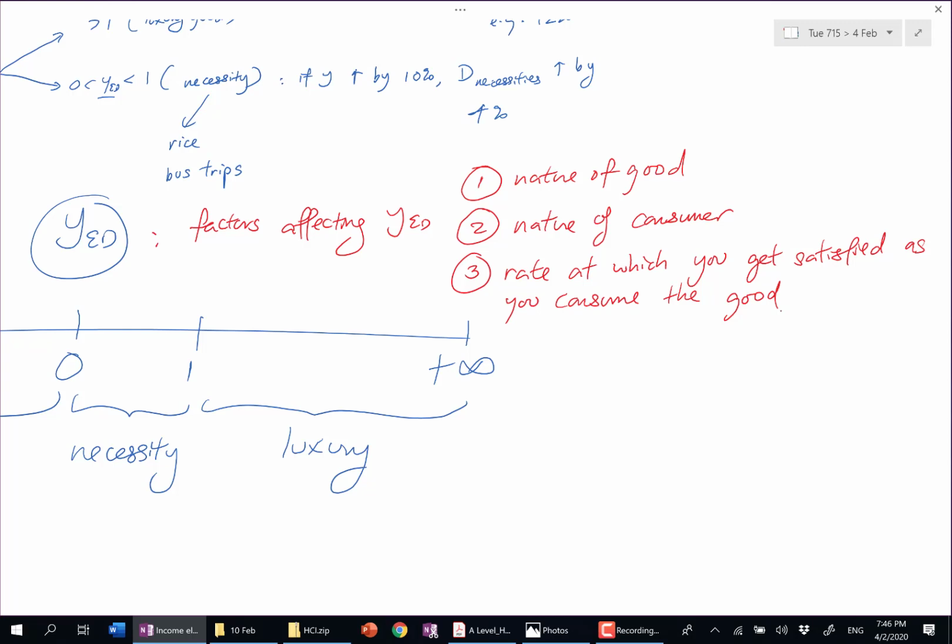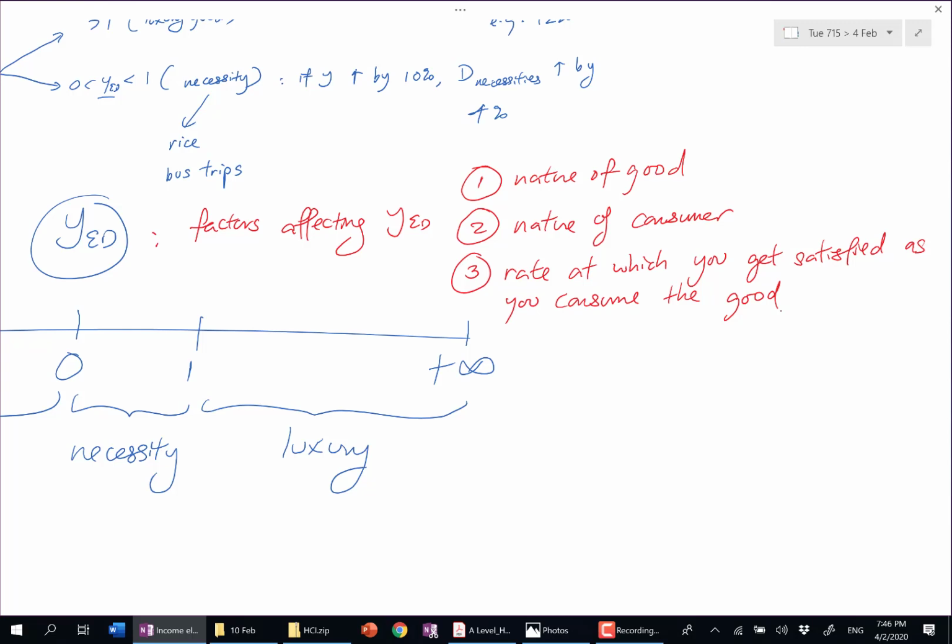Let's say giant lobsters. Sure enough, your income went up. You eat 1 lobster, would you eat 3 lobsters? No, you feel quite sick of it. But if you buy 3 expensive pairs of shoes, 4 pairs also can. So it really depends on how you get satiated as you consume the good. So these are the 3 factors that influence your YED.